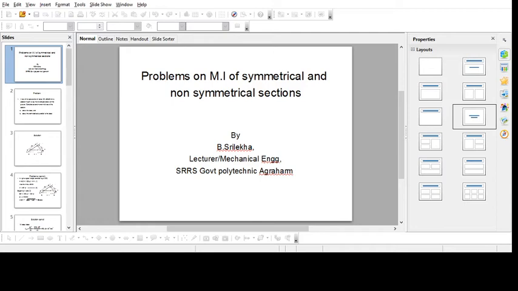Next, find the moment of inertia about the y axis of the Z section as given. So about the vertical axis you need to find the moment of inertia. You can see here the Z section. Following our principle, I can divide this Z section into three planar sections.